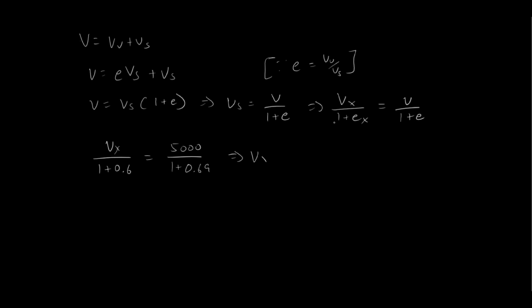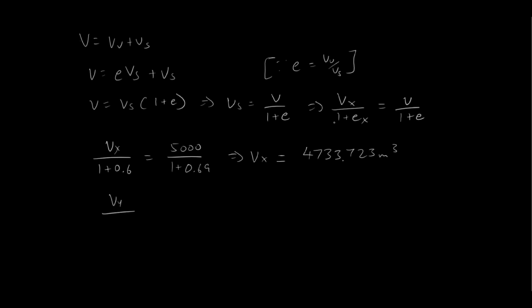So with this we will be getting Vx is equal to 5000 into 1.6 divided by 1.69, 4733.723 meter cube.